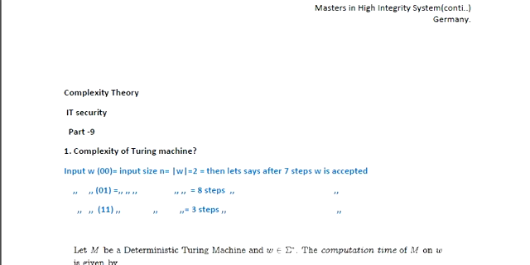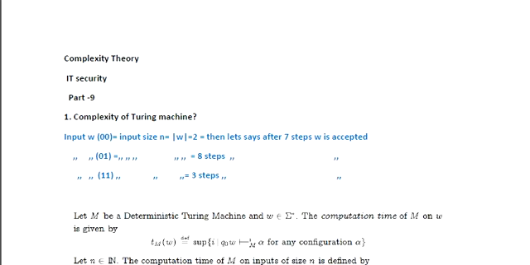How will we determine the situation for the deterministic Turing machine? So for the first case, let M be a deterministic Turing machine and W be the input, a particular input which belongs to sigma star.